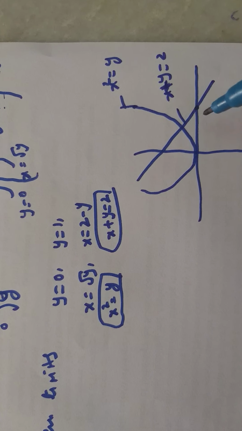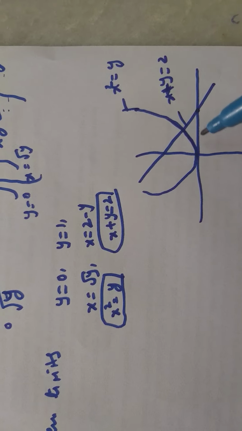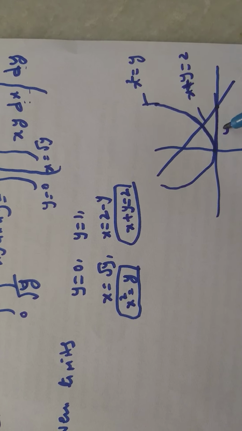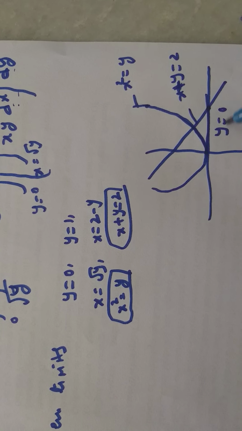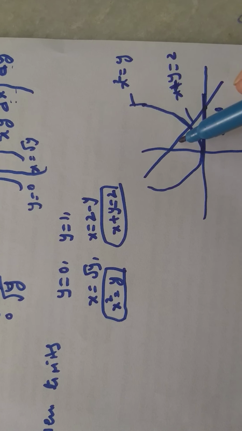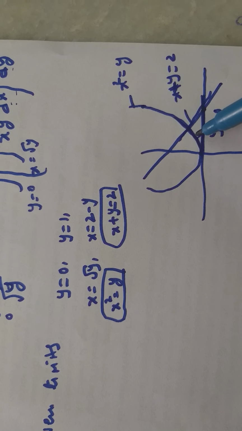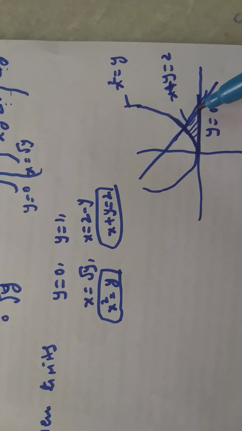Now this is the region. In the given limits, y equal to 0 is the x-axis. So y equal to 0 is this line, and these are the two curves. The complete region is this.